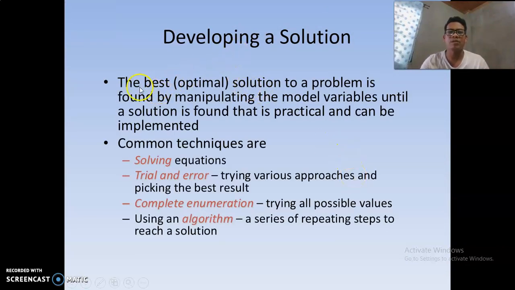In developing a solution, the best solution, which we call the optimal solution, is found by manipulating the model variables until a solution is found that is practical and can be implemented. For example, in a transportation problem, or in maximizing and minimizing the cost of production, there are different variables.